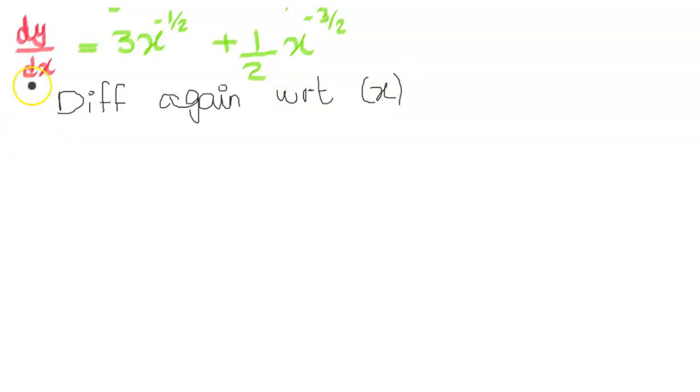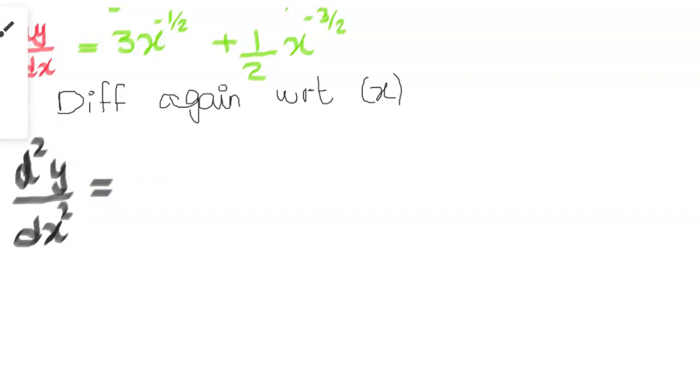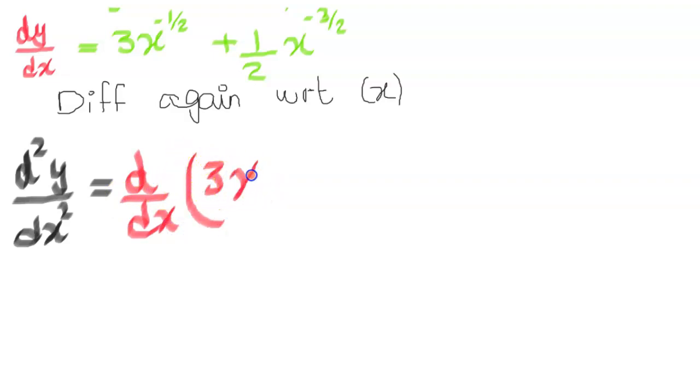So now this side will become d square y, the second differential, over dx square, and this side is going to be d over dx of the whole thing, which is 3x to the minus half plus a half x to the minus 3 over 2.